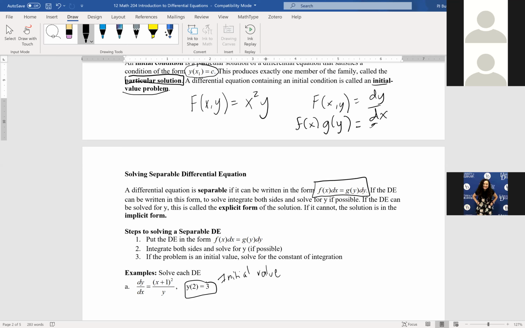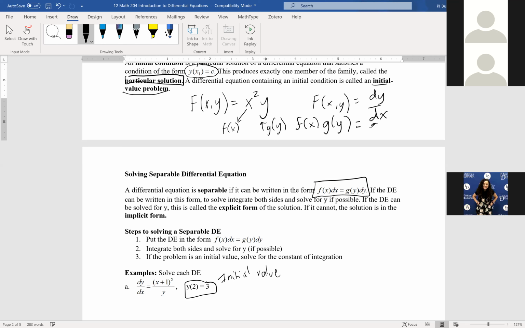So hopefully it is clear to you that if I started with something like x squared y, it'd be very easy to separate that into a function of x and a function of y. All right, x squared could be my little f of x, and this could be my g of y.